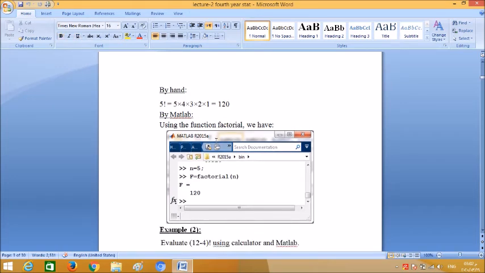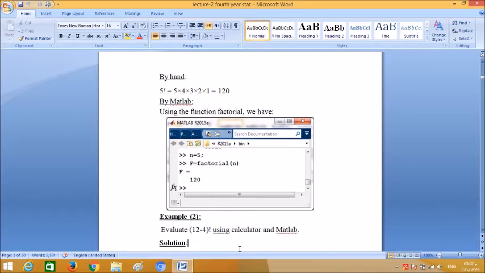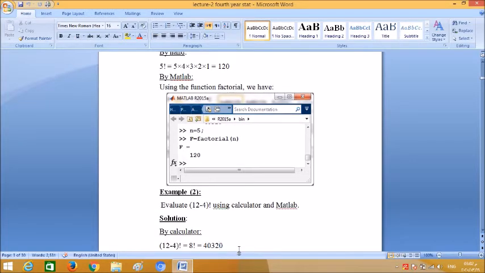Example 2. Evaluate (12 minus 4) factorial. Meaning 12 minus 4 equals 8. So we need to compute 8 factorial using calculator and MATLAB. Okay. Solution by calculator, you have to get 8 factorial, which gives you 40,320.